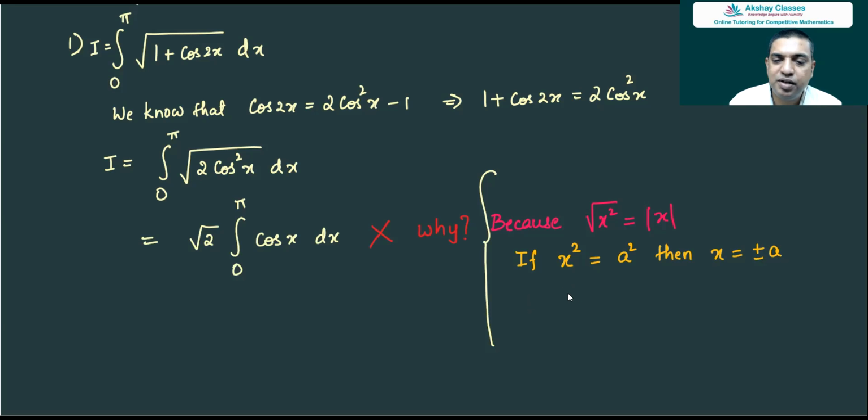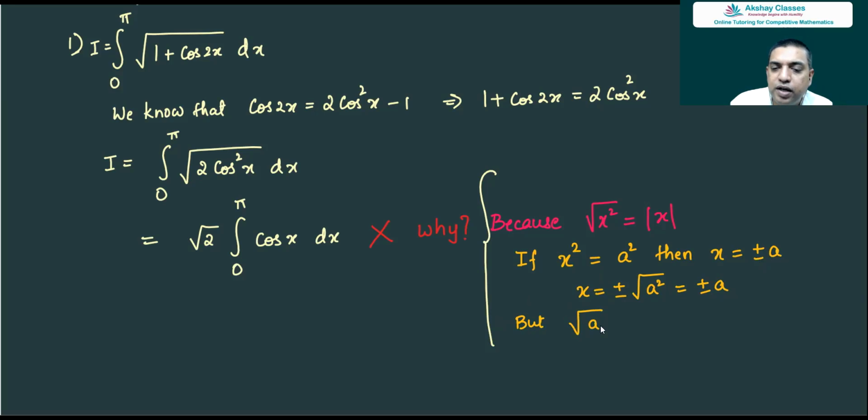Why? Because let's say a is a positive quantity. We write x as plus or minus root of a square, which is plus or minus a, given a itself is a positive value.